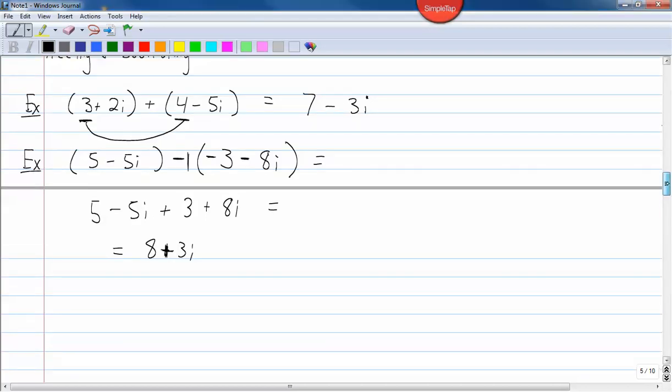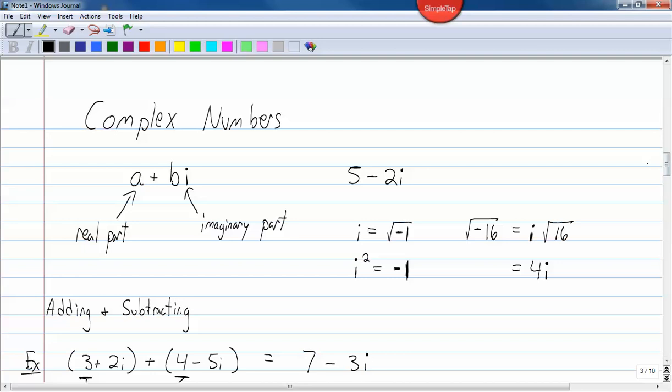And remember, at the very beginning, I said that i was the square root of negative 1. i squared is negative 1. So when we're multiplying complex numbers, if we ever have an i squared, we want to plug in a negative 1 for the i squared.